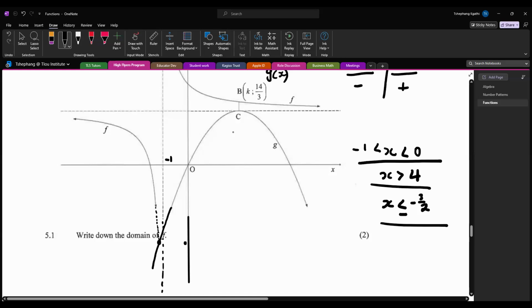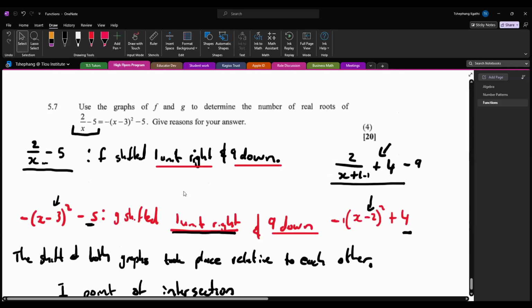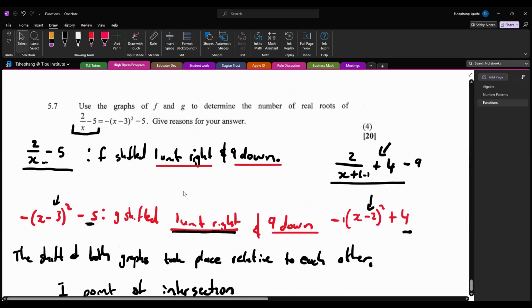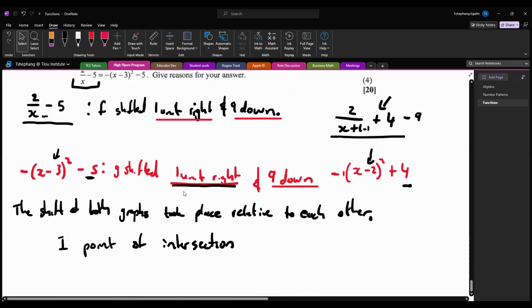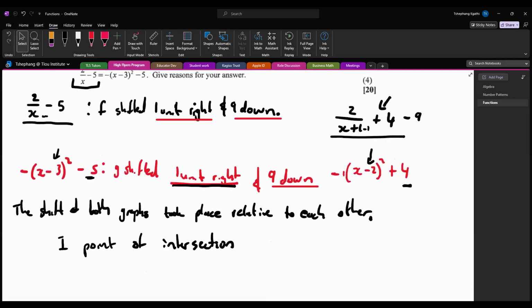Okay, that's the point of intersection of the two graphs. Now, do they touch each other anywhere else? No, they don't. And because that's the case, we have our answer. So 1 point of intersection or 1 real root, just by doing it that way.